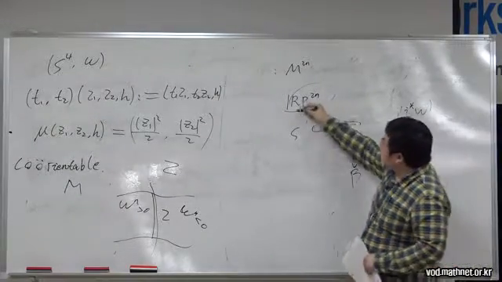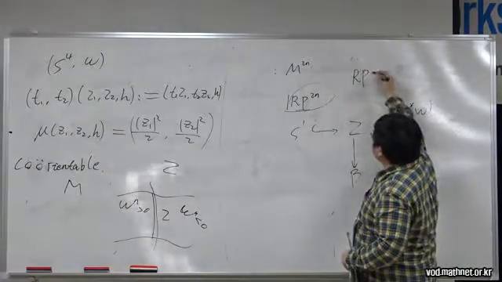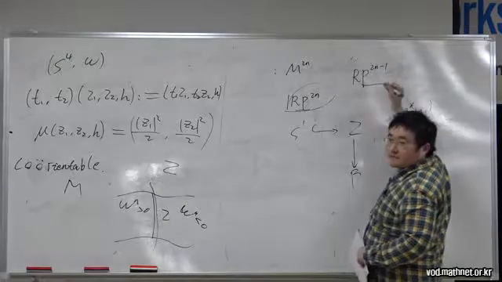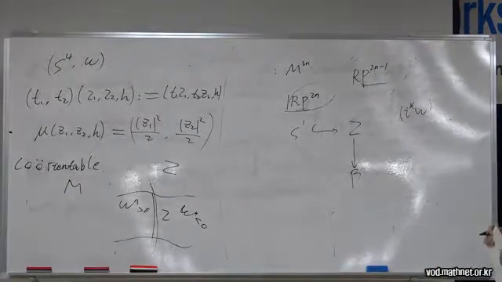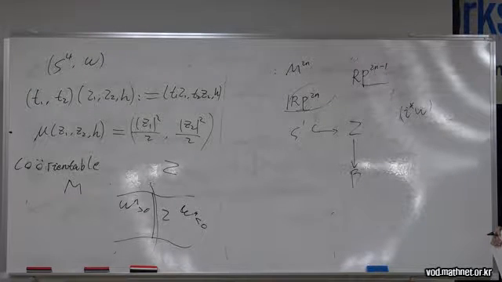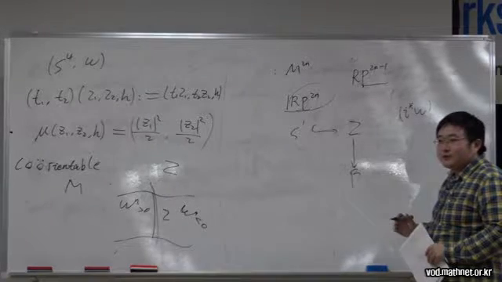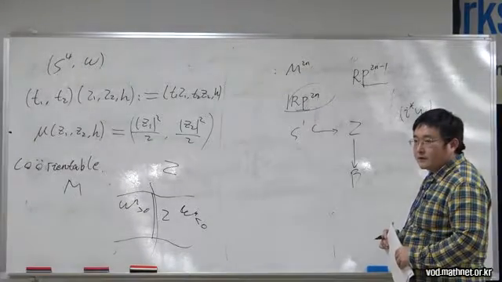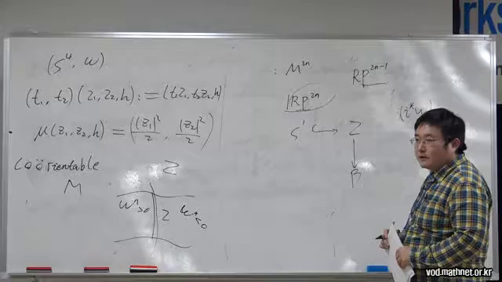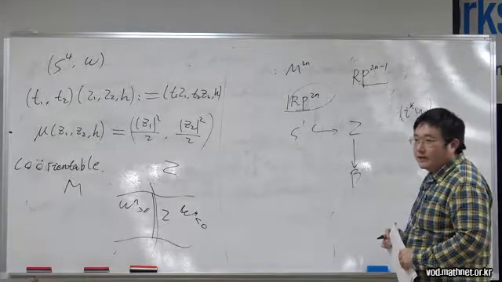For example, in this one, Z is this. If M is already orientable, then you always have co-orientable, but the converse is not true. If you start out with a non-orientable manifold, you can still have a co-orientable subset Z.